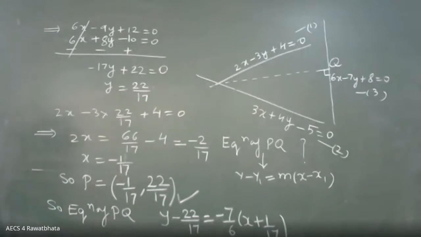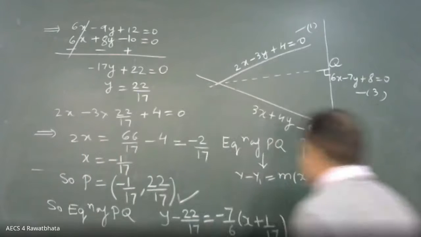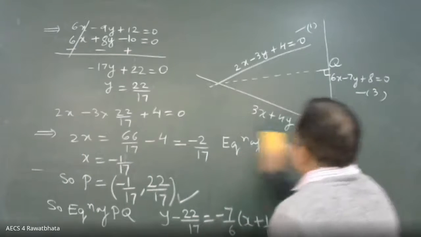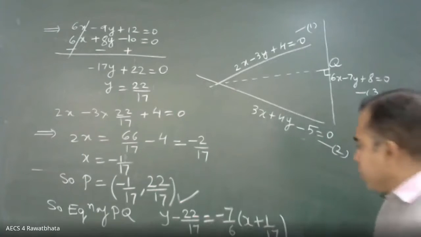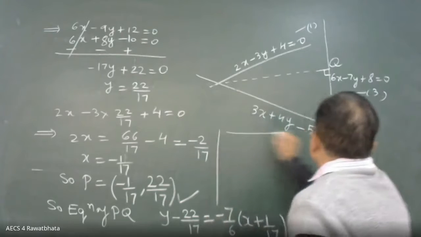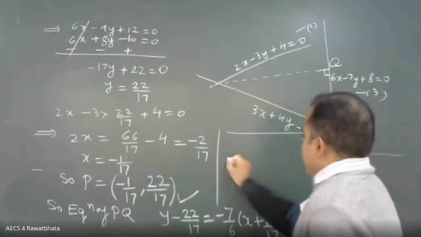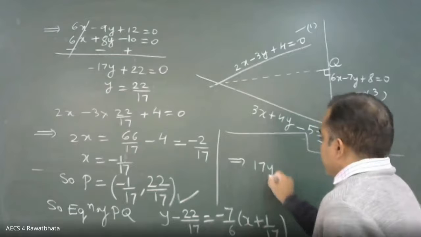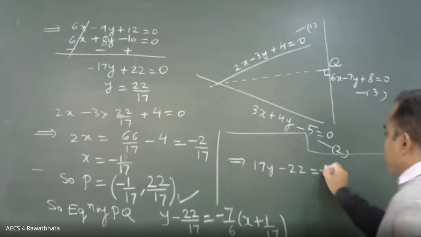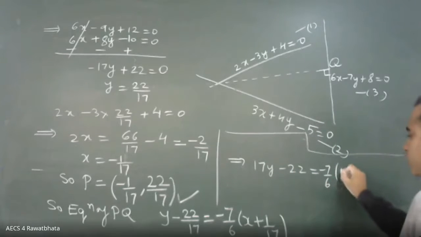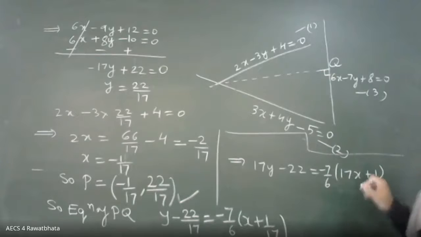So to simplify, how to simplify it? Shall I multiply with 17 throughout the equation? I hope it should work. Multiplying it with 17 on both sides. This will give me 17y minus 22 equal to minus 7 by 6 into 17x plus 1.